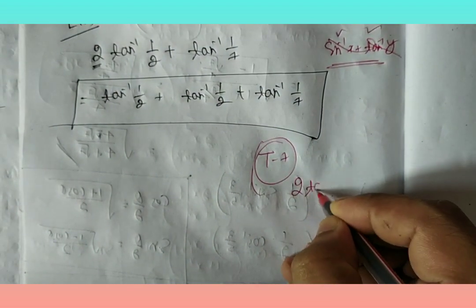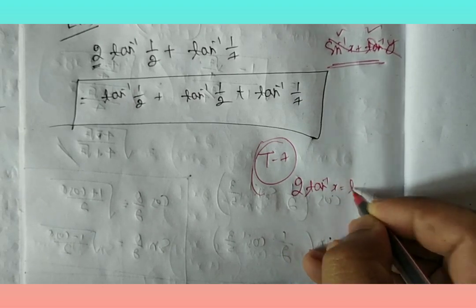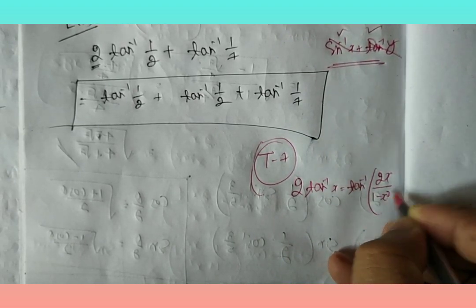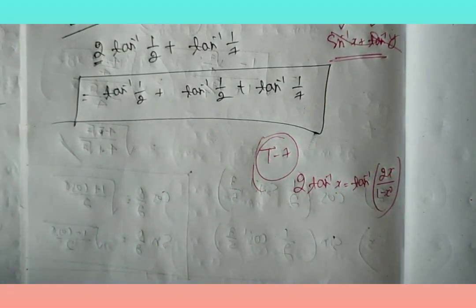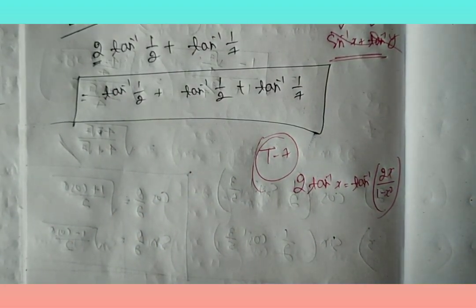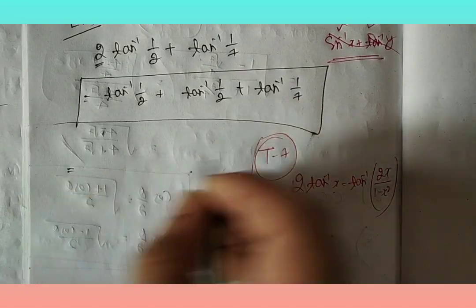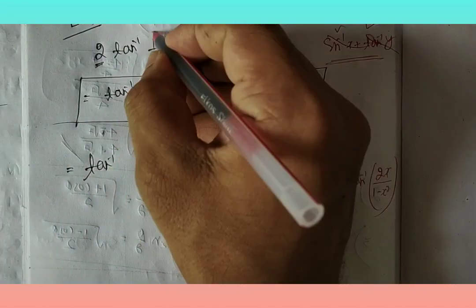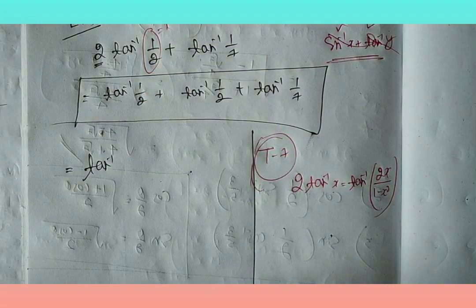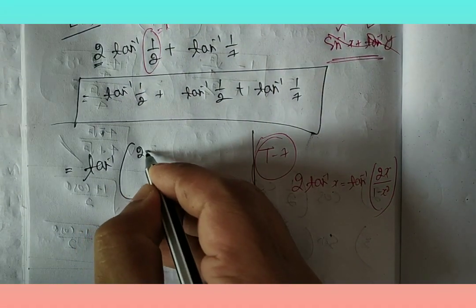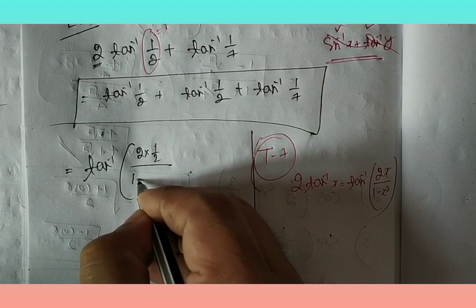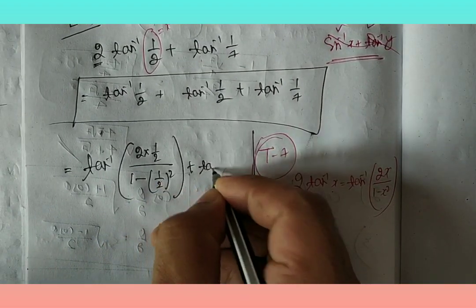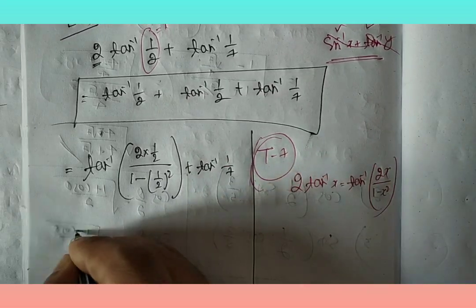And we know the formula 2 tan inverse x is equal to tan inverse 2x by 1 minus x square. This is the formula. And here tan inverse, this is our x term, 2 times x by 1 minus x square plus tan inverse 1 by 7.